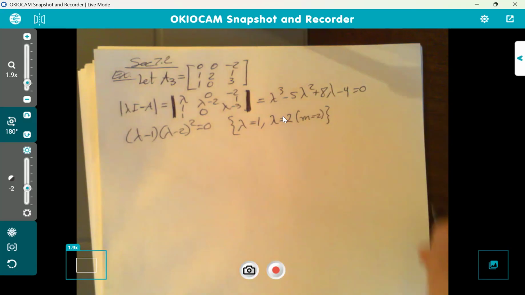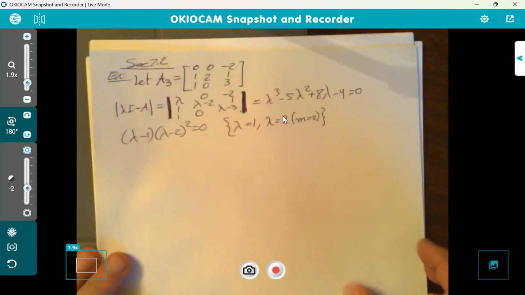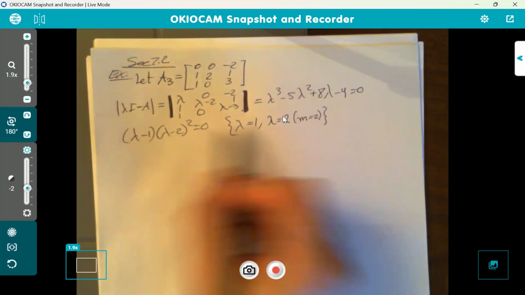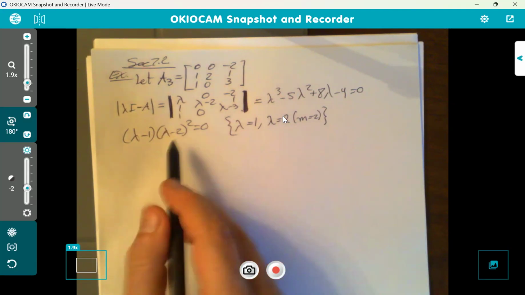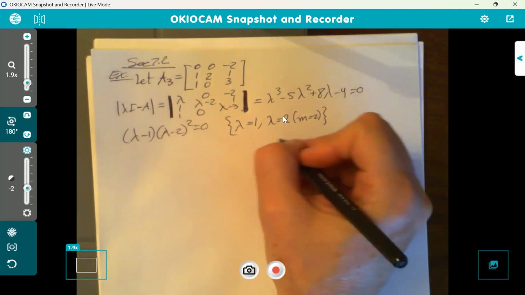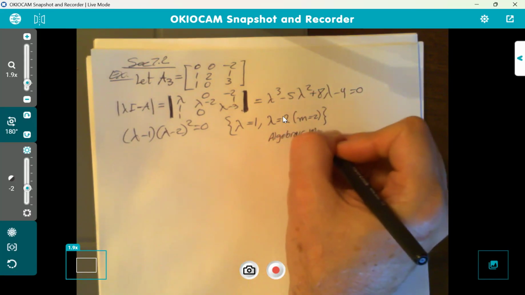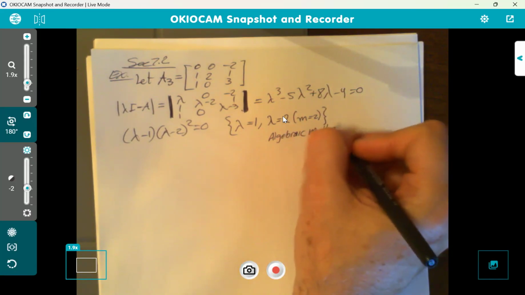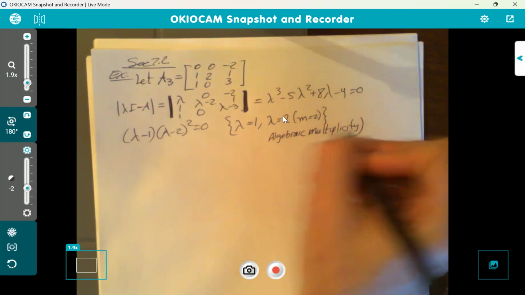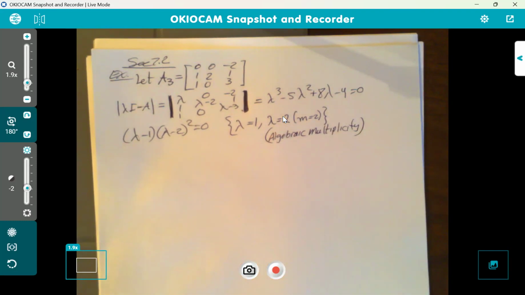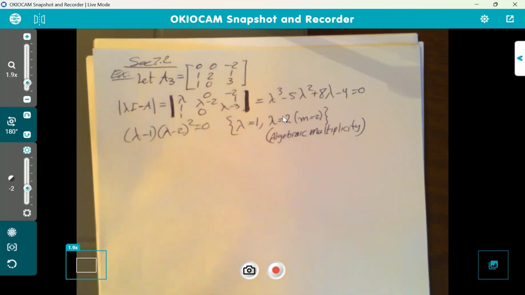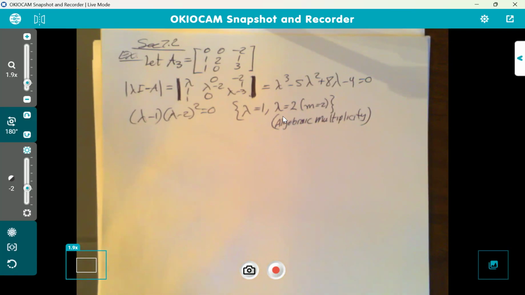For now, I'm going to write what we just found, because we found this multiplicity algebraically. In fact, this is called algebraic multiplicity. Okay, that's just the terminology. Later, we talk about geometric multiplicity. So this is algebraic. It came from the characteristic polynomial.